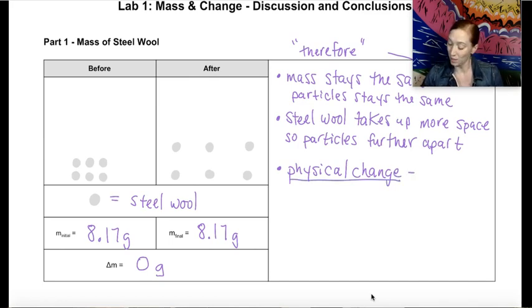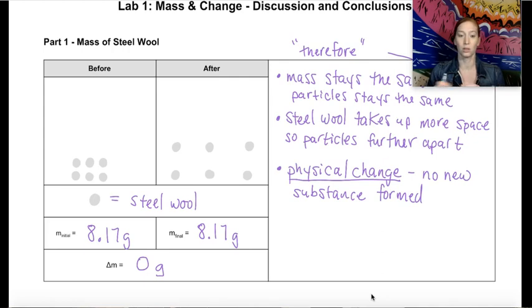And this is because we have no new substance that's formed in our change. Same thing, steel wool, just a difference in how much space it takes up because of the particles being spread out more. Okay, that's part 1.